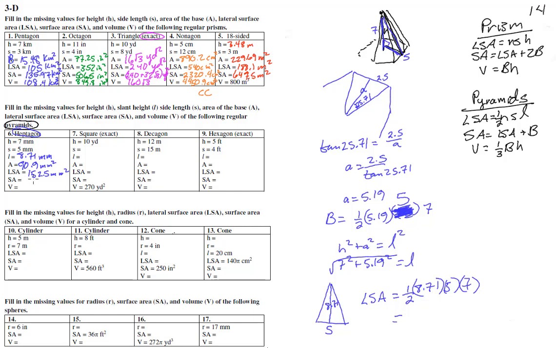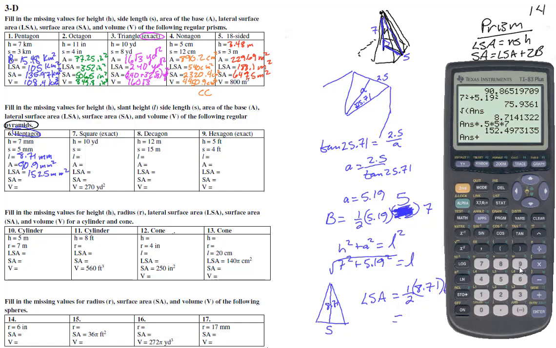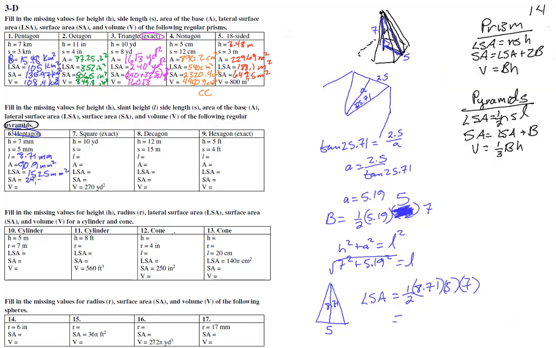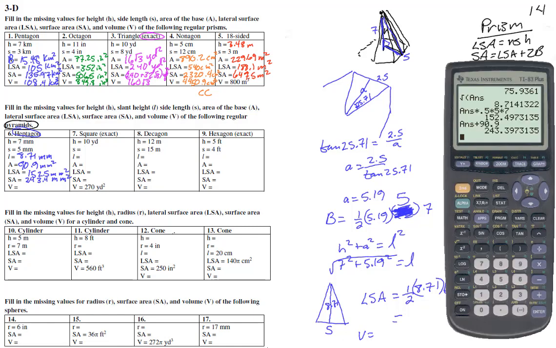And then the surface area is this lateral surface area plus the base. Oh, that's nice. We can just add up on the base 90.9, and we'll get 243.4. And again, that's in millimeters squared. And that's really all it is, the area on the side plus the area on the bottom. And now the volume. Volume is going to equal, how do we get volume?